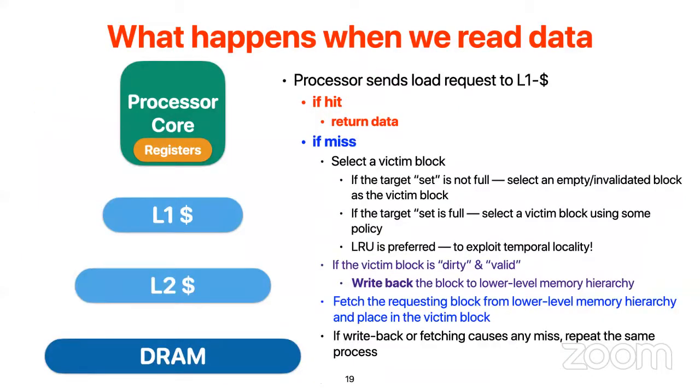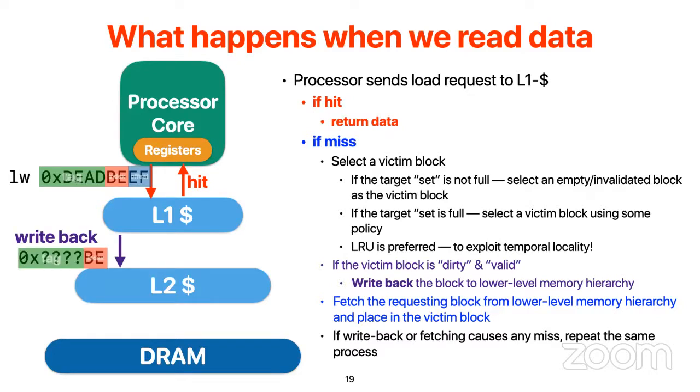When you read data, first of all, you issue a load request from your processor, and the cache partitions the address as we show here into tag, index, and offset. If after searching the cache we find it's a hit, we directly return your data to the processor.